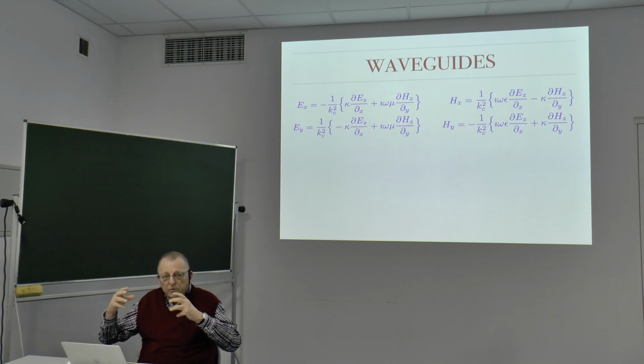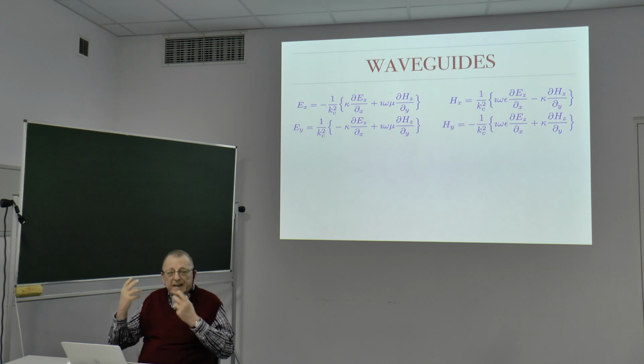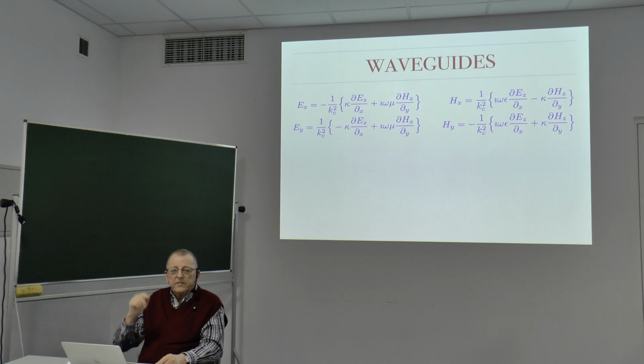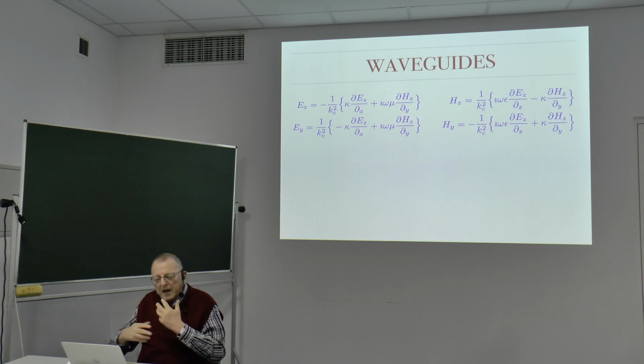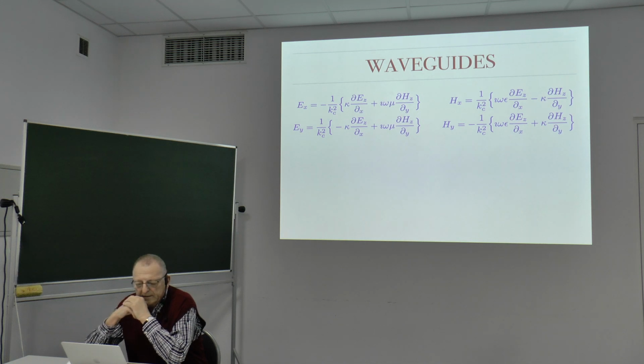So I can use these two equations, again remembering that the derivative with respect to z is multiplication by this coefficient kappa, and do some algebra, and then I get this complicated equation.